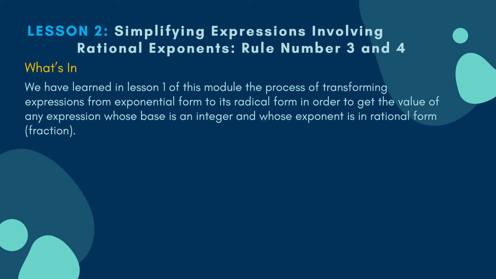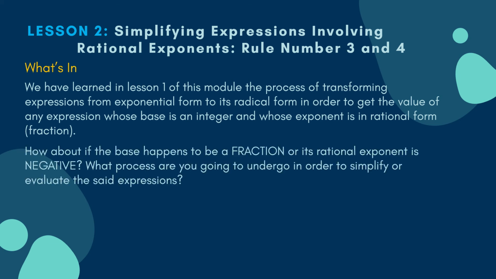Para ganina. How about if the base happens to be a fraction or its rational exponent is negative? What process are you going to undergo in order to simplify or evaluate the said expressions?